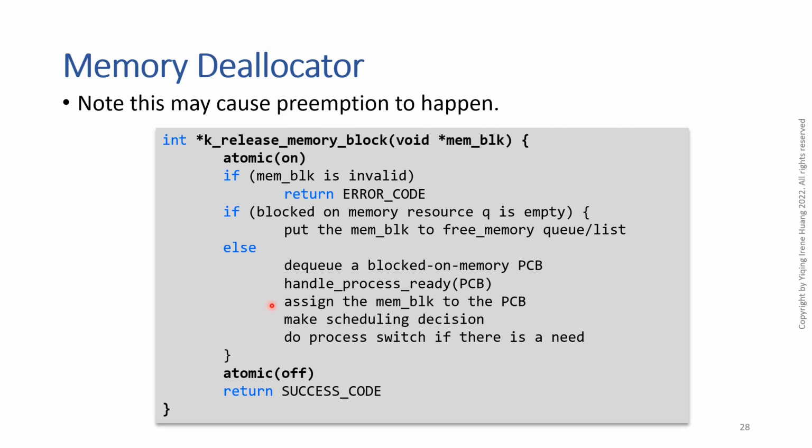So that's why we need to have this extra field in the PCB to remember, yes, this memory has already been assigned to this ready process. So whenever the process gets a chance to run, it guarantees it will have this memory block for itself.